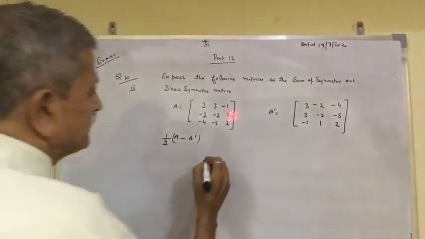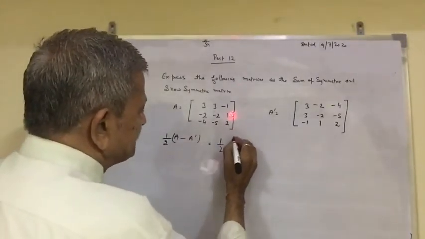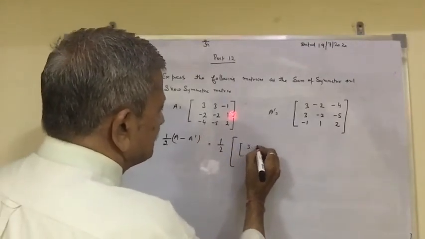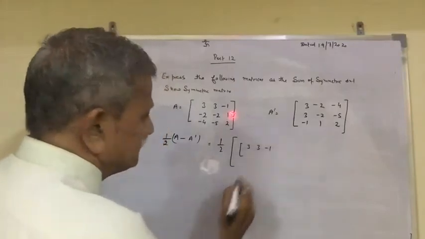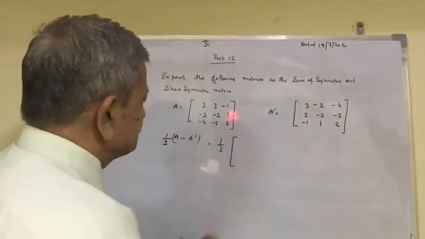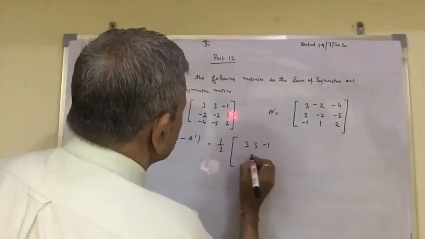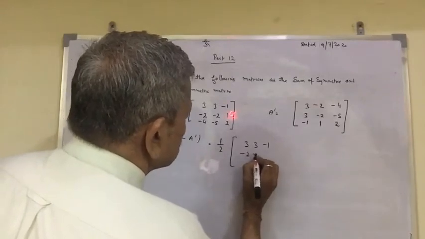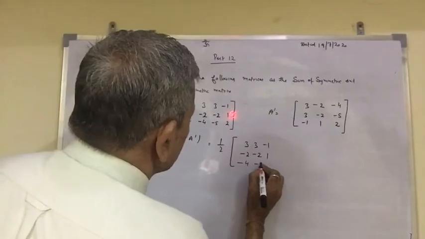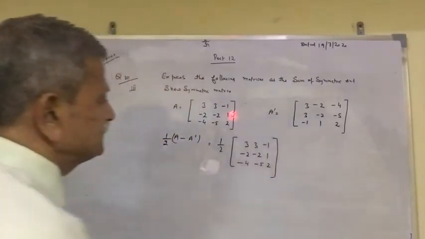See how we can calculate. Here your half is as it is, and your A part is 3 minus 1 minus 2, 1 minus 4 minus 5 and 2. So, this is your A matrix.